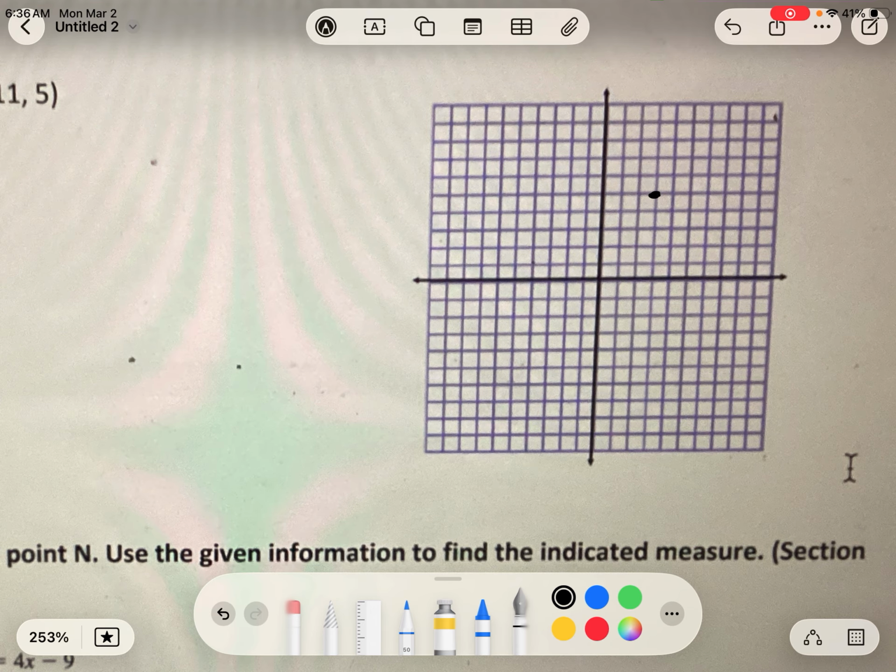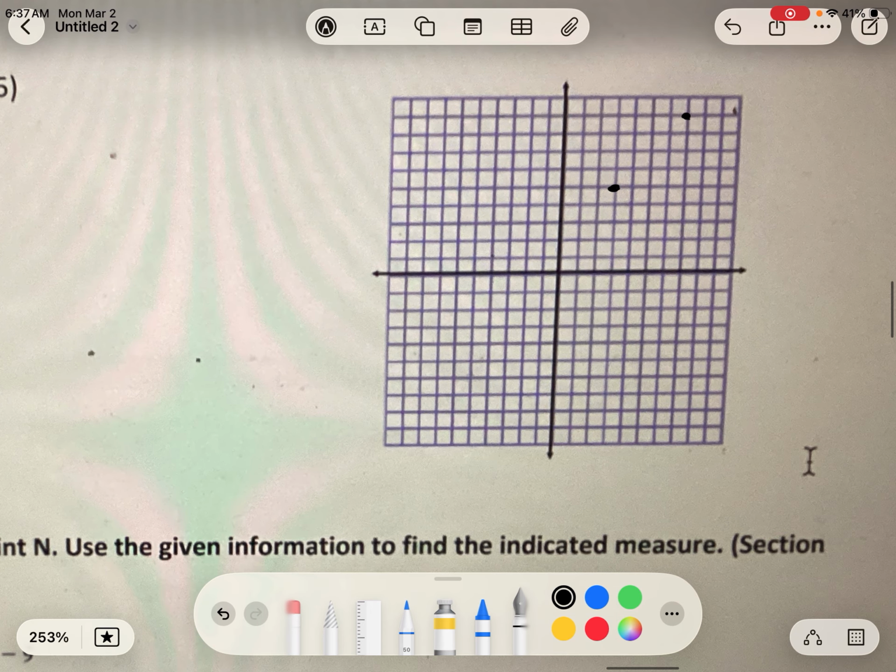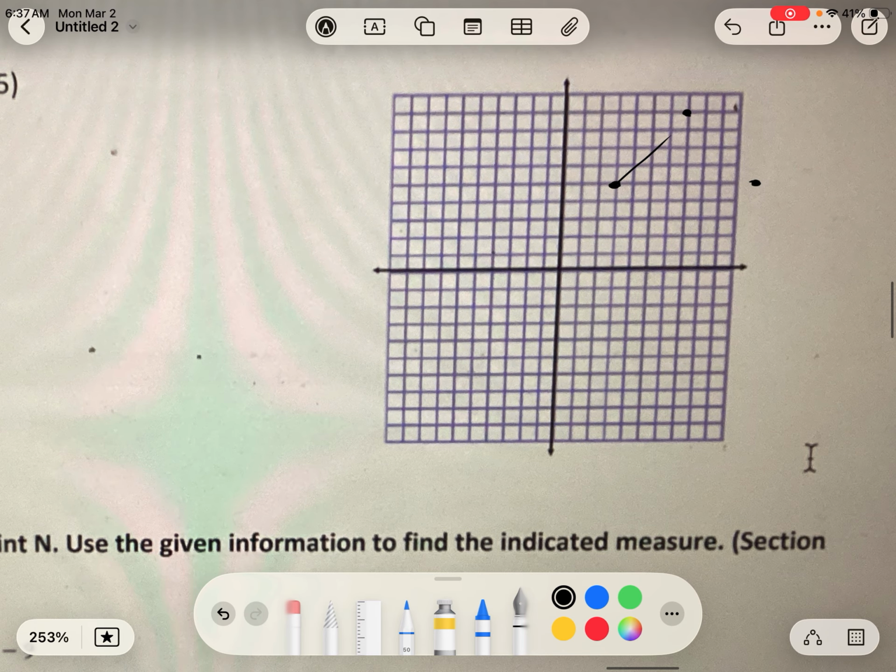Then counting over 1 through 11, and up 1 through 5. There it is. Not very good when I put it off the grid there for you. Just do your best in that part.